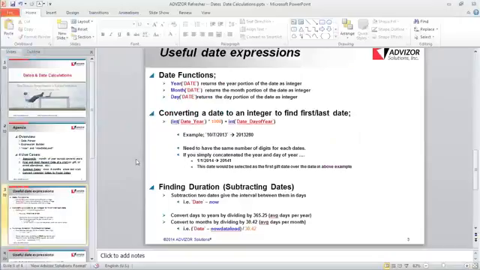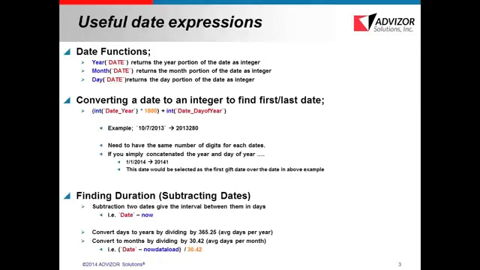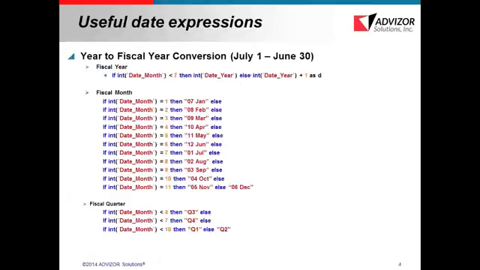So we covered the first three main useful date expressions. So now some date expressions that I think I use in every project are the year to fiscal year conversion expressions. So this is assuming that your fiscal year runs from July 1st to June 30th. This fiscal year is pretty basic.